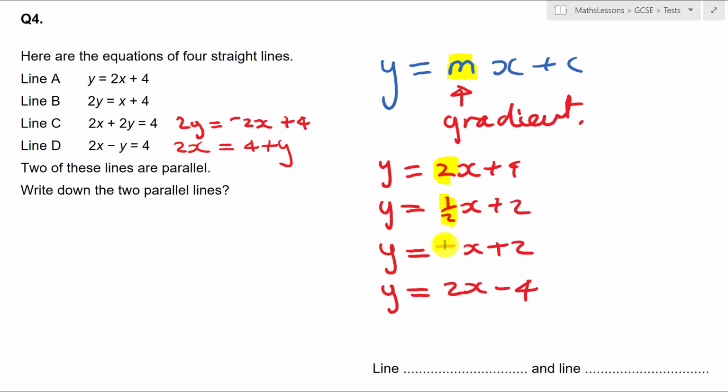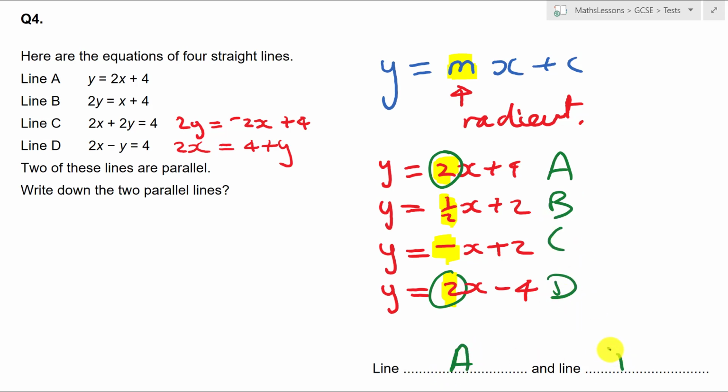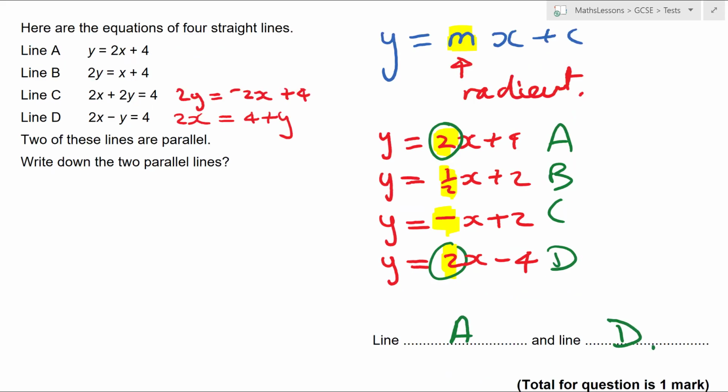So look through all the values of m. And there's 2 of them which have the same value. So those are our lines, and that was line A and D. The first and the last line have exactly the same gradient and are therefore parallel.